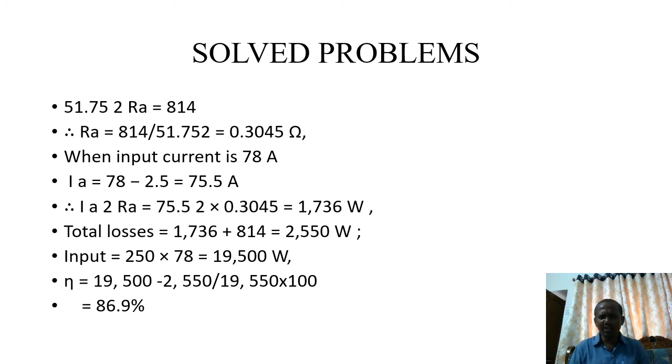Therefore, armature copper loss IA square RA, which is equivalent to 75.5 square into 0.3045, is equal to 1736 watt.